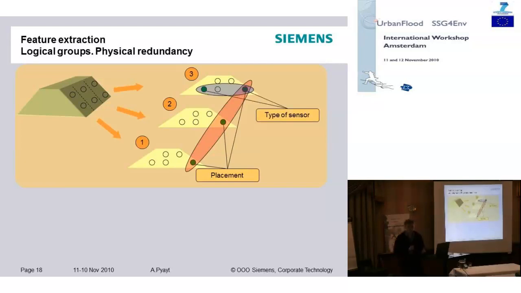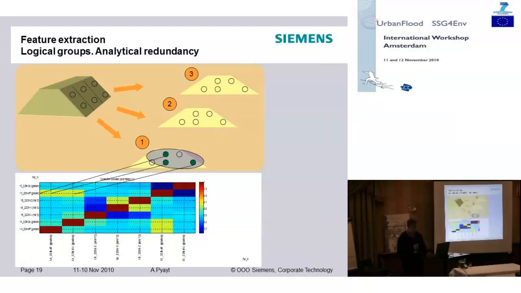In this case, we will have some overlapping vectors which will provide us with some kind of physical redundancy. Or we can try to find some analytical functions which can connect sensor measurements in training set, something like linear correlation. This will provide us with some kind of analytical redundancy.